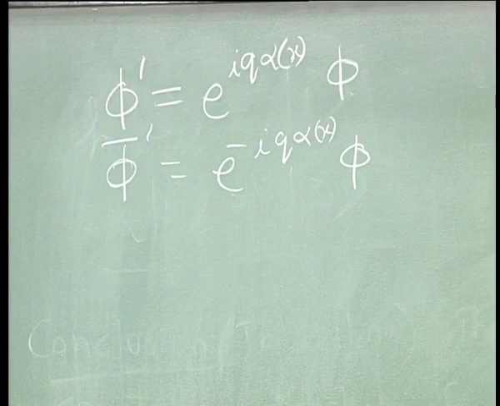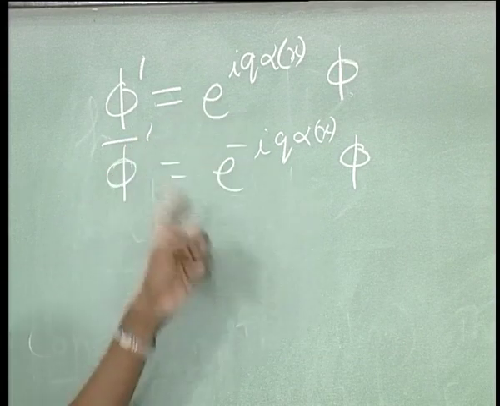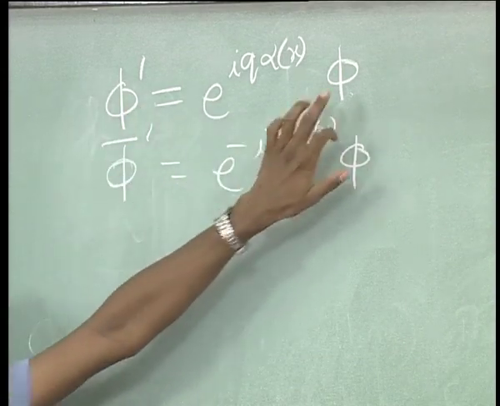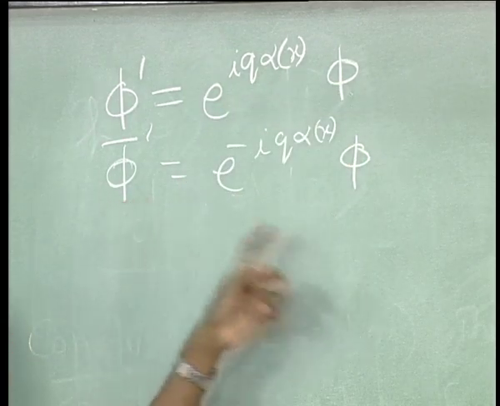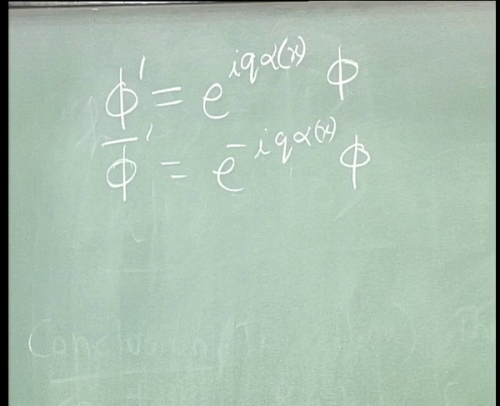Okay. And just looking at this thing, we will say that the field phi has charge plus q and the field phi bar has charge minus q.